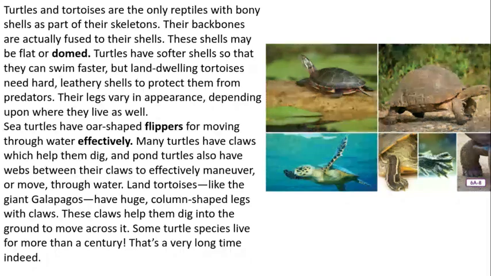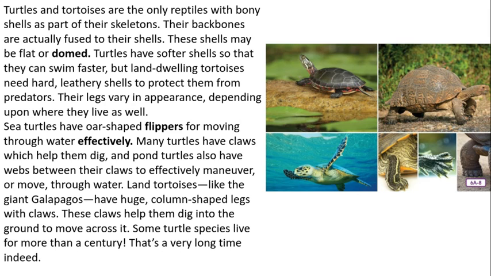Sea turtles have oar-shaped flippers for moving through water effectively. Many turtles have claws which help them dig, and pond turtles also have webs between their claws to effectively maneuver, or move, through water. What other animals have you heard about that have a body designed for swimming? Right?